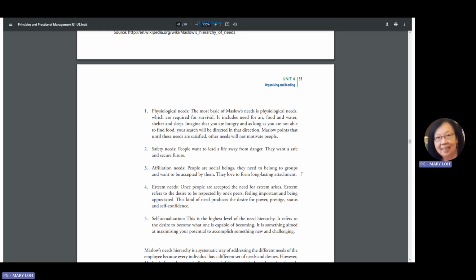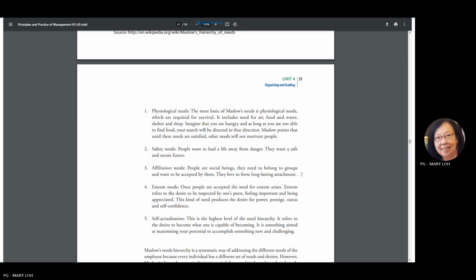And why do companies have orientation? Orientation is a form of socialization process, to get people to socialize and get to know each other. All this is also part of affiliation needs, our need to have interaction, our need to be accepted by people. This is important for both junior and senior level staff.